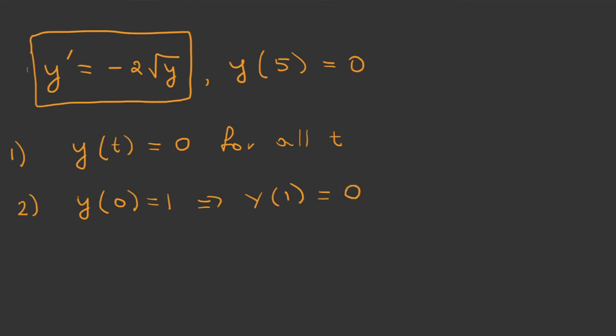It takes 1 unit of time for the point to travel to the origin, to the equilibrium position, and then our point will remain at that equilibrium position indefinitely. In particular, at the moment of time 5, it will still be at the origin. So the solution obtained this way, by assuming that the point starts at y equals 1, will also satisfy that initial condition that y at t equals 5 equals 0.